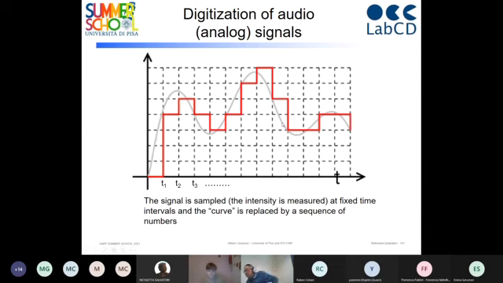And so if you want to reconstruct this signal, what you will get instead of the gray line here is the red line here.